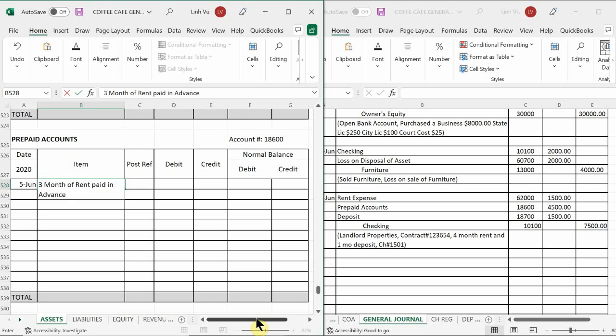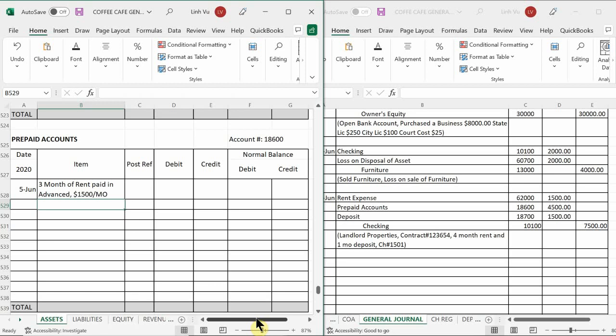And then you can even add information saying that it's going to be $1,500 per month.